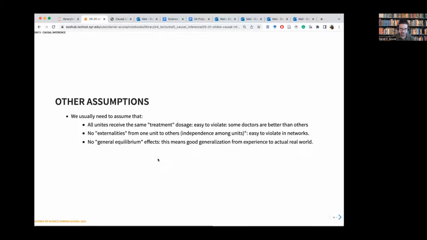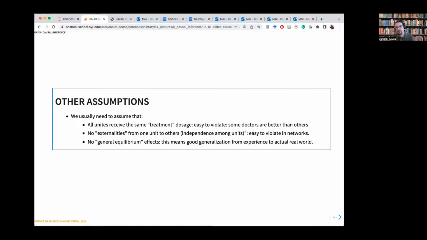That's another assumption, and this is easily violated in networks and in epidemiology, as we have suffered through COVID-19. Some people choose to not take vaccines, so that affects other people.